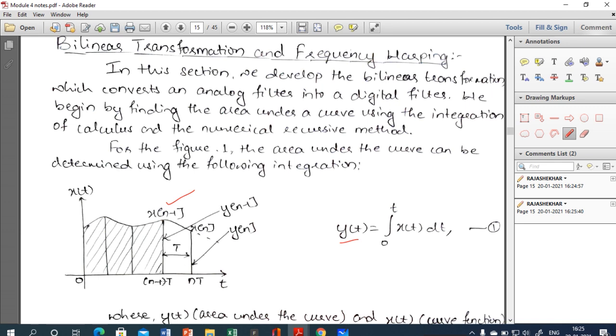So two samples are used to represent one continuous signal with a sampling period capital T. The interval of x of n is nT and the interval of x of n minus 1 is n minus 1 into T. Because x of n is the present signal, x of n minus 1 is the past signal of x of n.